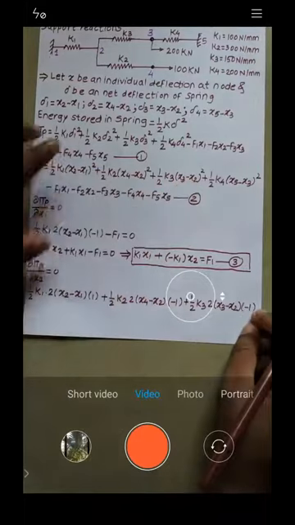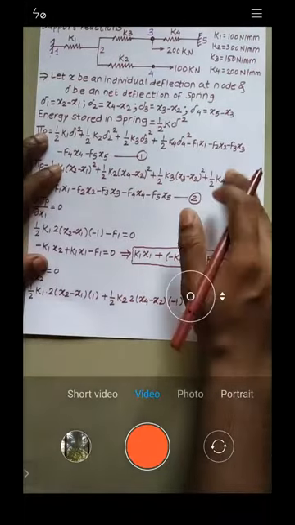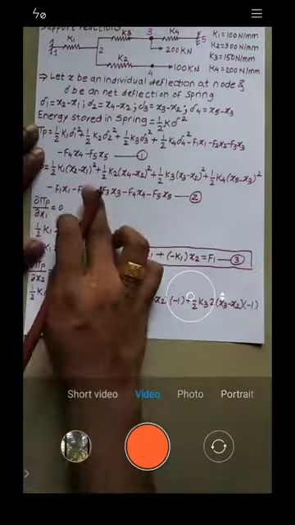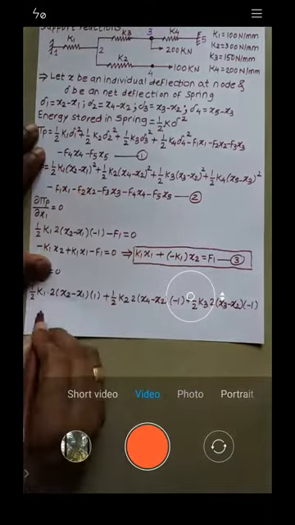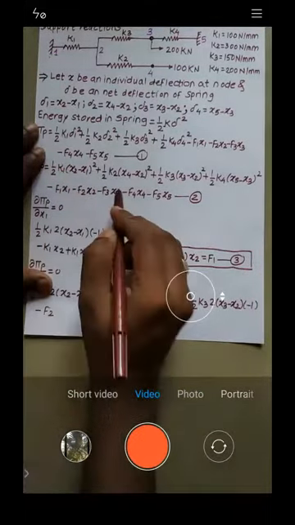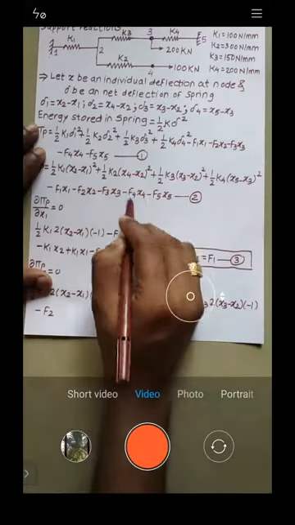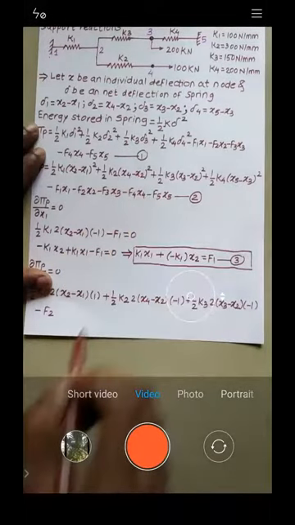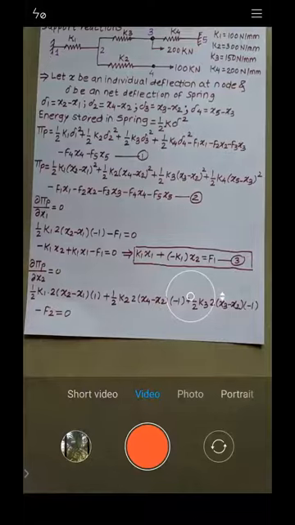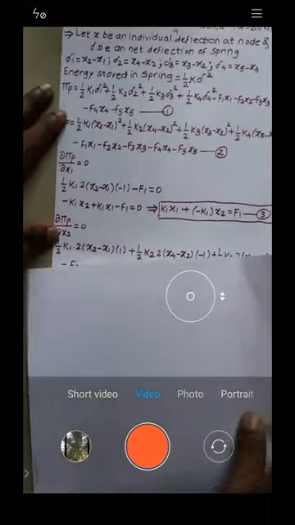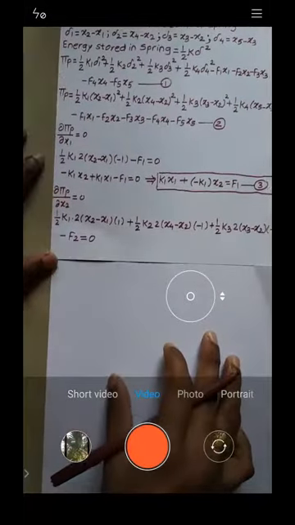Yes or no? Then here there is no term of x2. Here minus f2. There is no term in the rest. Is it okay with this one? Right? Yes or no? So how are you going to rearrange it?